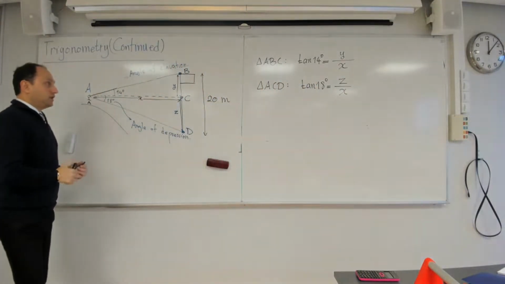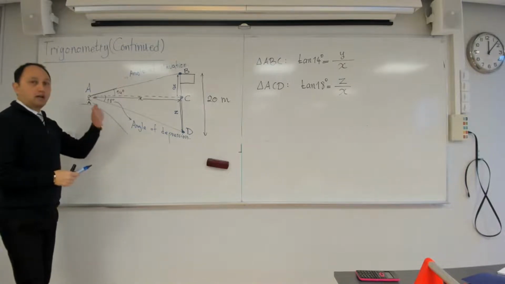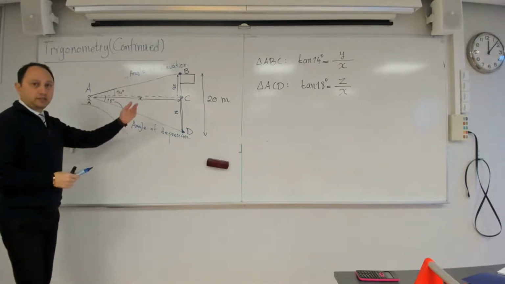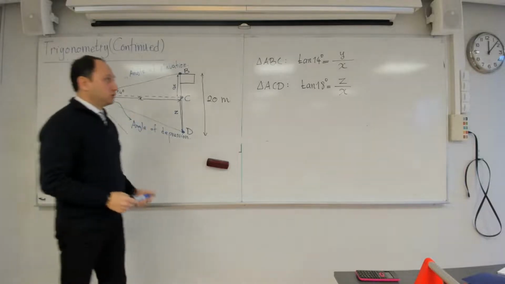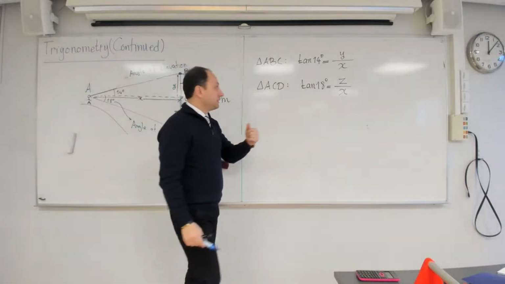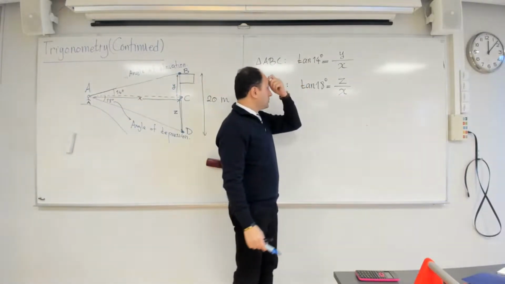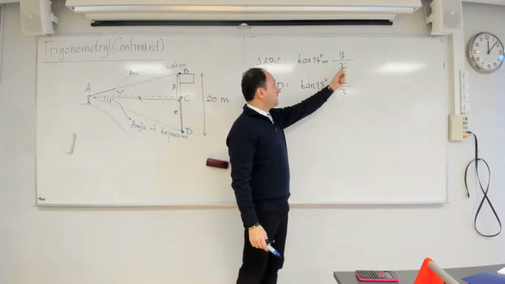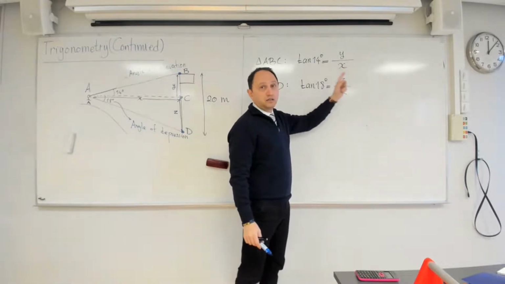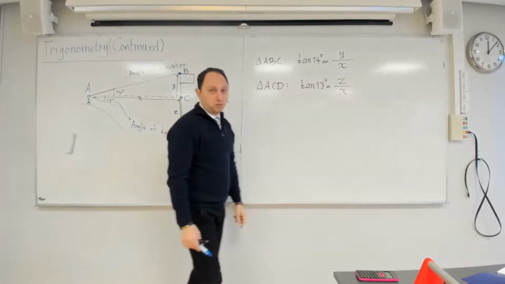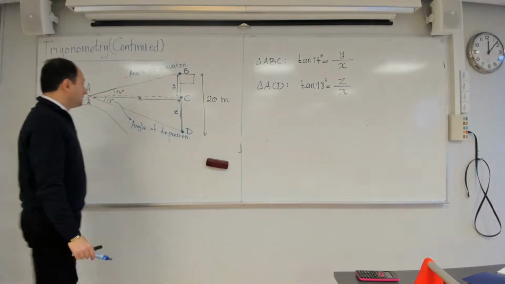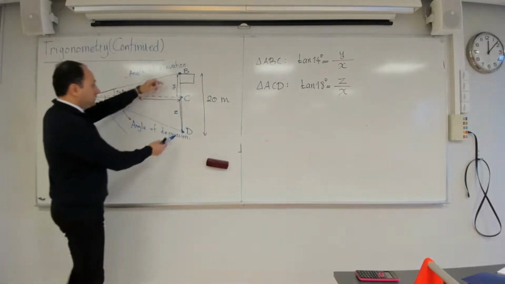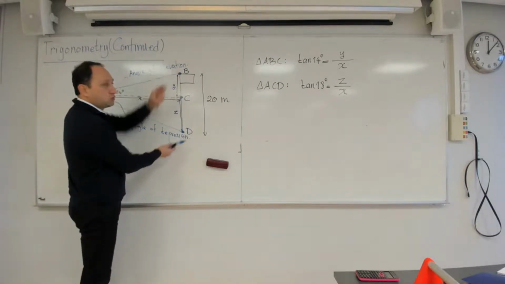Okay, so if I ask you how many unknowns are involved in this problem, you say three unknowns. One of them is x, the other one is y, the other one is z. But I haven't exploited the information that this length is 20.